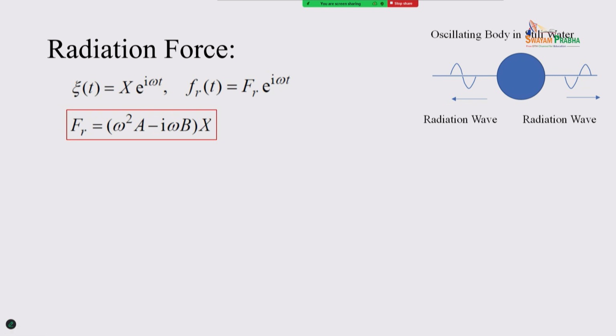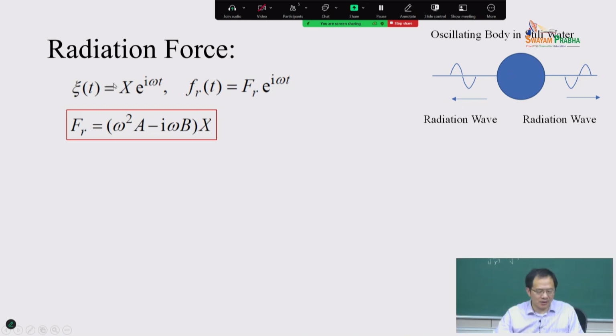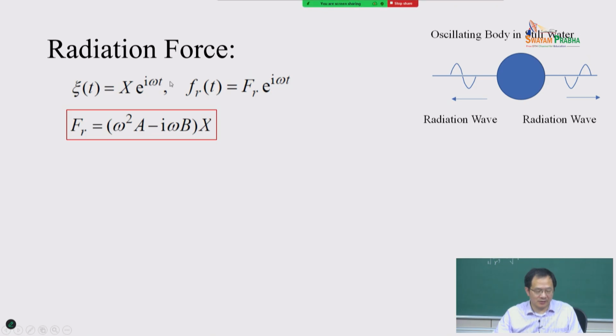Here you assume this buoy or shape moves with amplitude x, times e^{jωt}, or e^{iωt}, which is a complex number: cosine ωt plus i sine ωt.